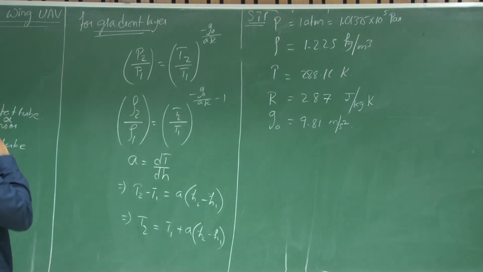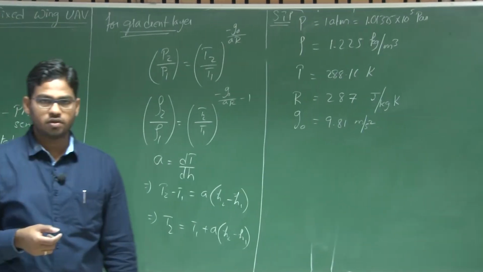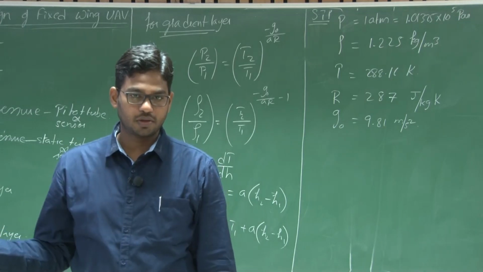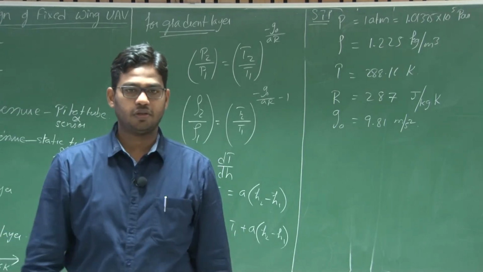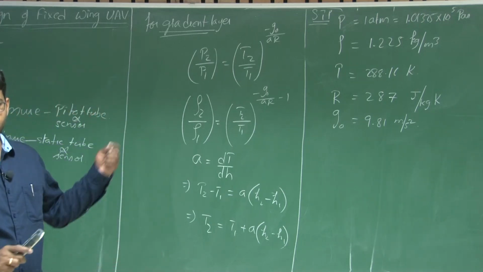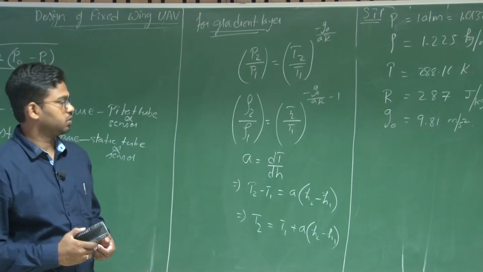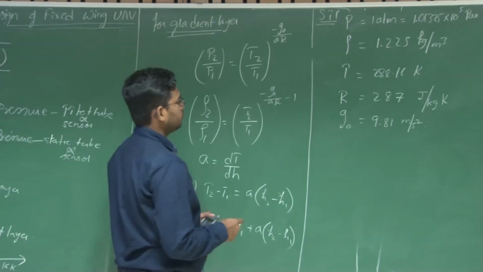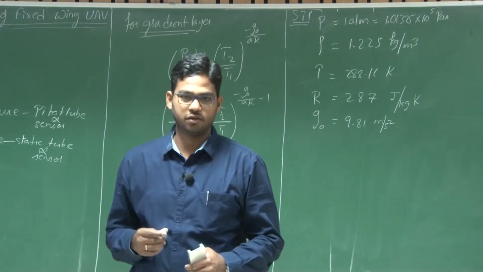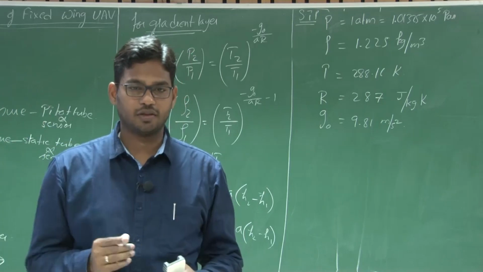Now, yesterday we solved a few examples in which we assumed that the altitude is given, and the corresponding velocity is obtained by means of the measured pitot pressure or the static pressure. But who is giving this information about your altitude? How do you know at what height your UAV is flying?